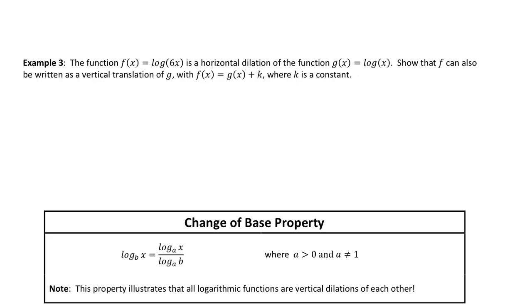So if we grab that first function, the f of x function, we notice that this is log of 6x, which means 6 times x. How do I separate, instead of simplify, how do I separate something that has been multiplied on the inside?